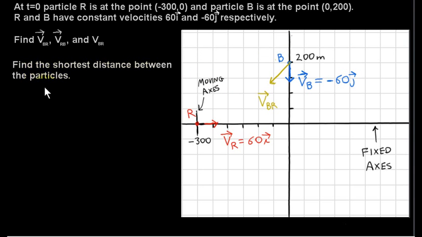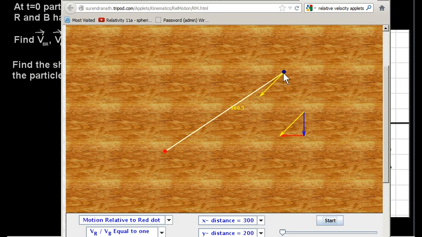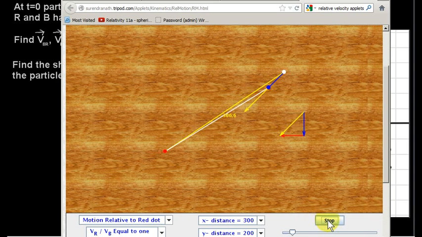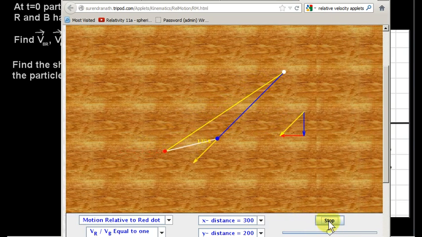Find the shortest distance between the particles. Now we're going to use one of the relative velocity vectors to do that. First of all, we're going to look at the applet. Here we're going to look at VBR, the velocity of the blue particle relative to the red particle. I'm going to start this applet, and initially the distance between the particles is 360.5, so we see that distance reducing.